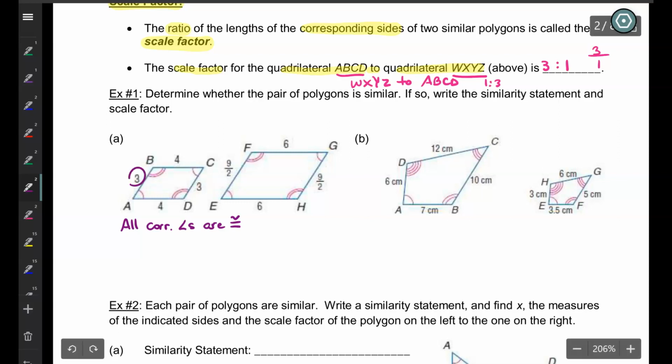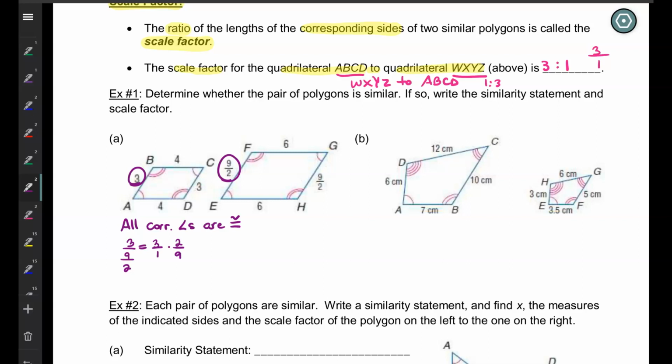AB has to compare to EF. If I have 3 over 9 halves, remember, when we divide by 9/2, we multiply by the reciprocal. Think of that as 3/1 times 2/9, and that is going to give us 2/3.